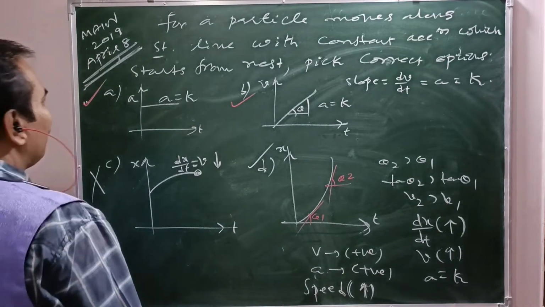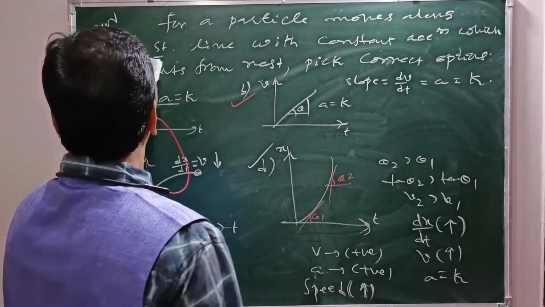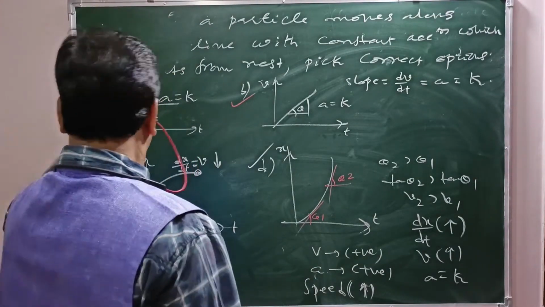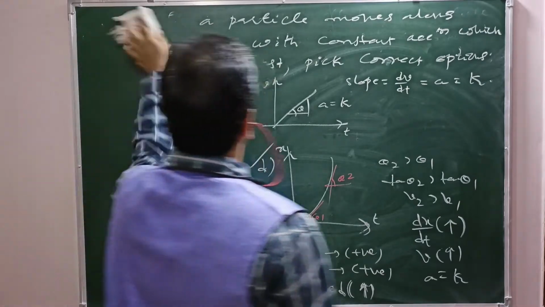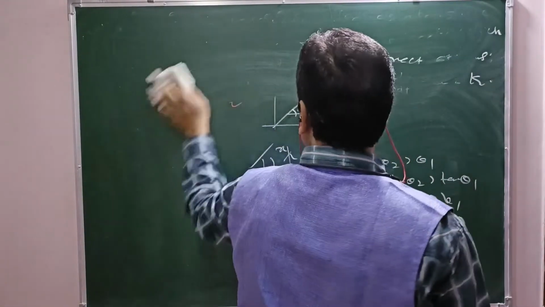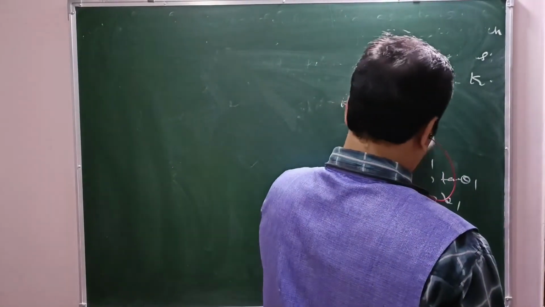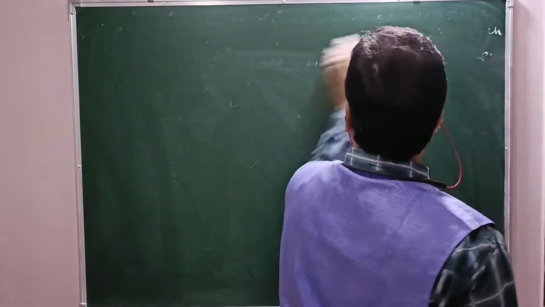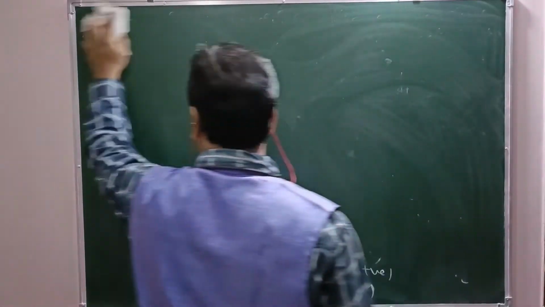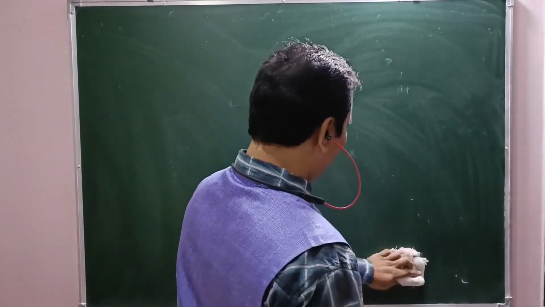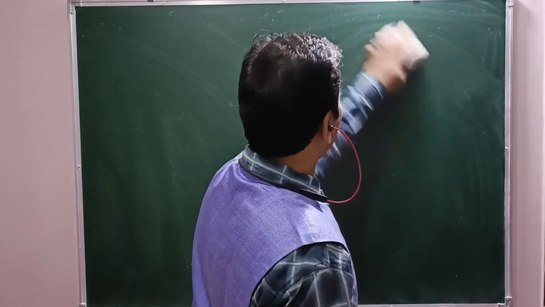Now let us finally see one more sum. A general question but an important model. Suppose a particle moves on the x-axis, whose position coordinate changes with the time as follows.